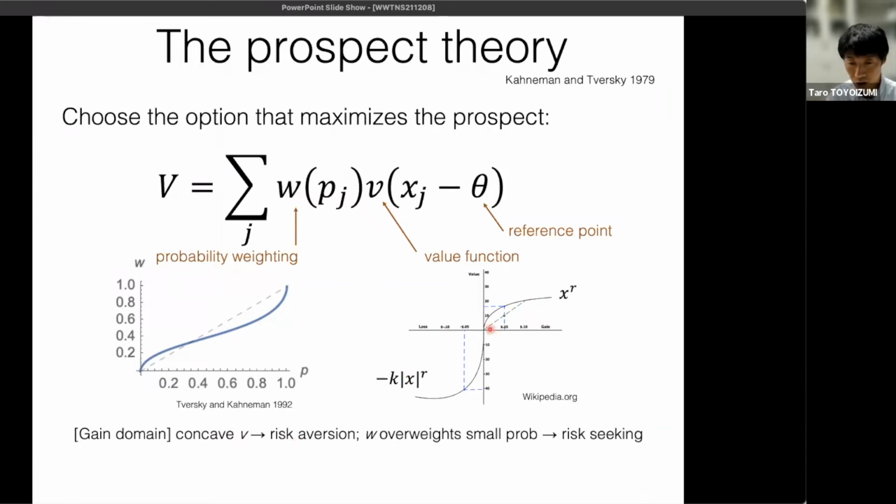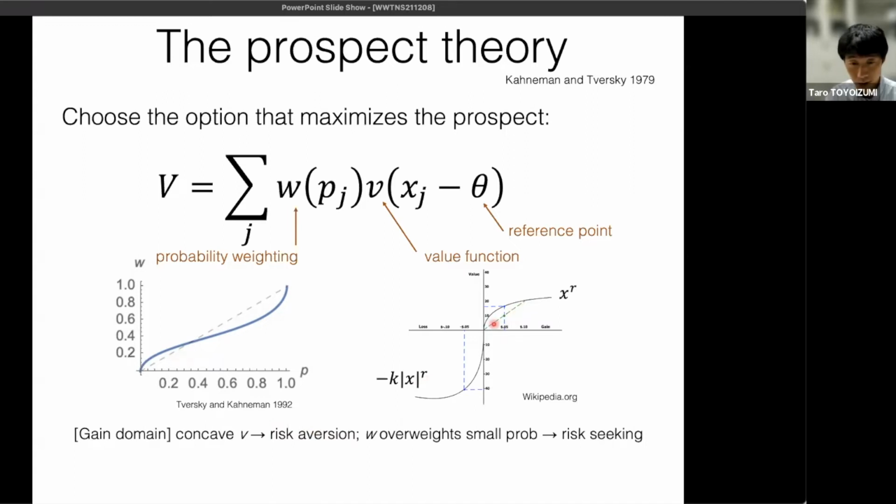It's simply because if you compare probabilistic outcomes, perhaps here and here, linearly interpolating these two possible outcomes gives this value down here, whereas the value of receiving the average amount gives the higher value up here. So a certain outcome with the same expected value is more attractive than a probabilistic outcome. So this explains basic risk aversion.